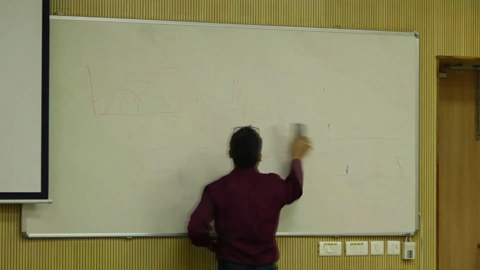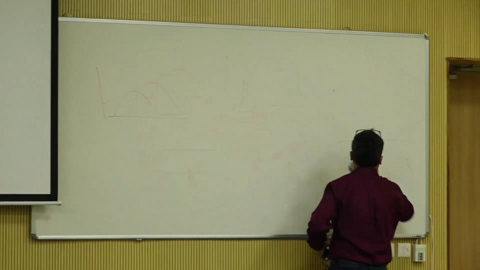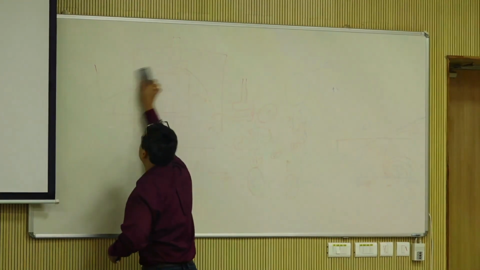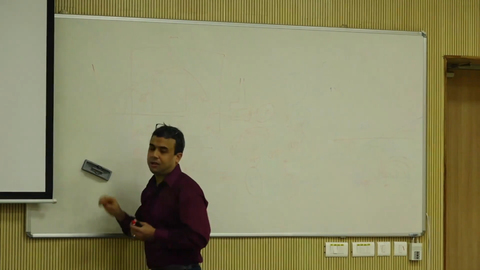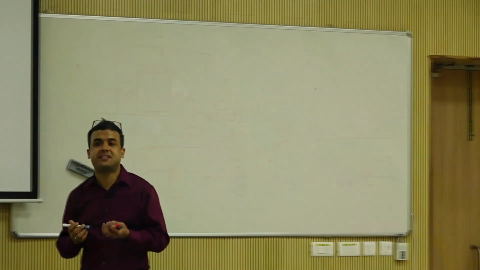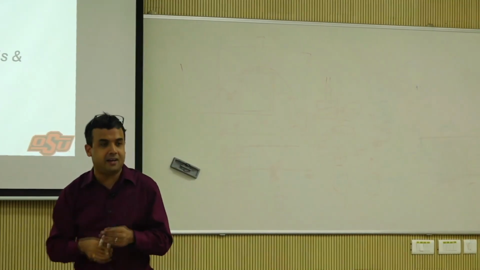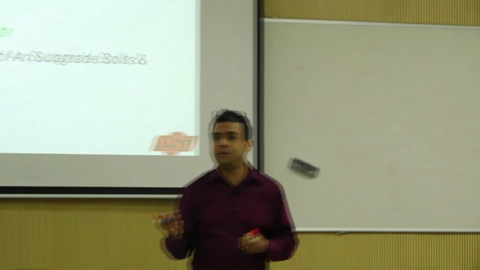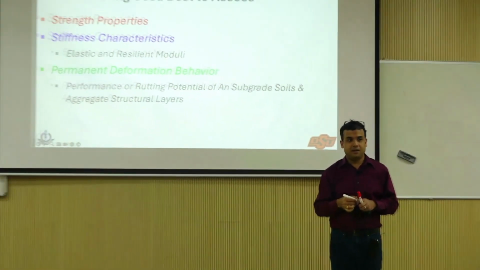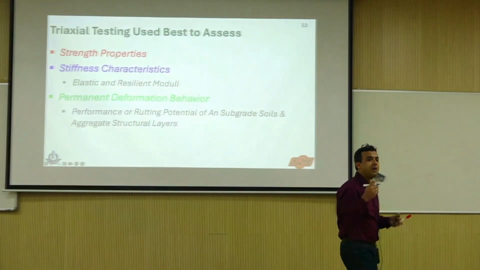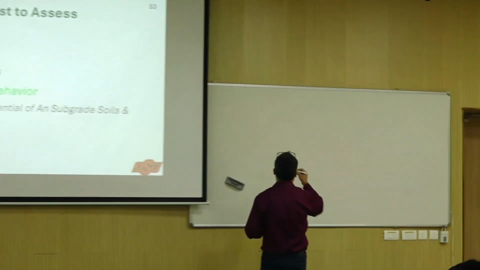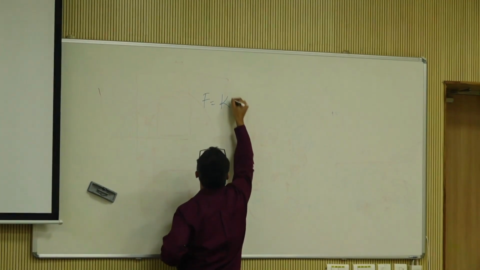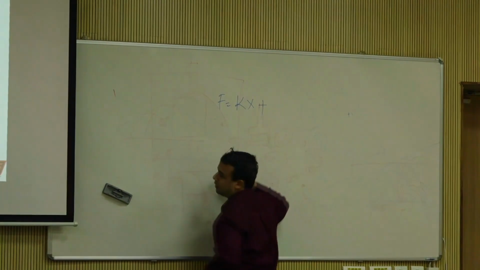That actually is probably the last thing we're going to say before we break for a little tea break. I'm going to highlight one little thing to you folks, and again, this is all going to build up on each other, so it's going to be relevant for you. When people say something like, I am determining dynamic properties using resilient modulus testing, let's go back to our basic equation. What is F? Who can tell me? K times X plus, tell me the other two terms.